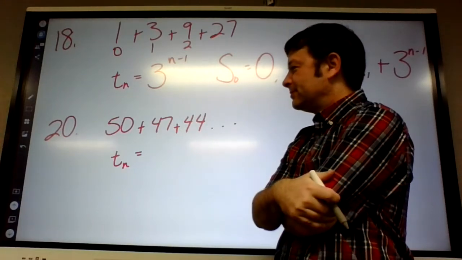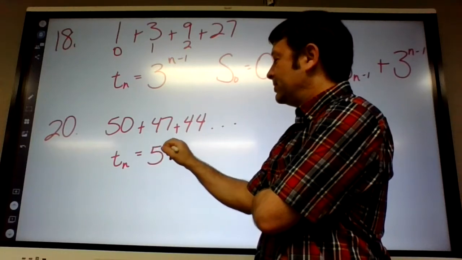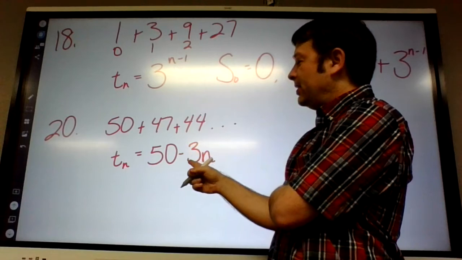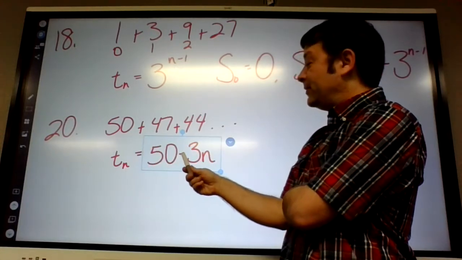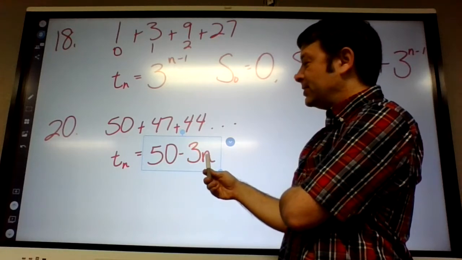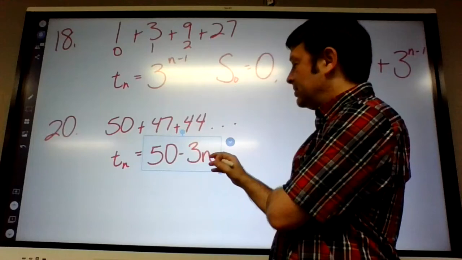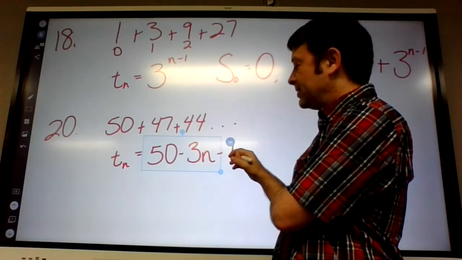Is it like a multiply then minus? 3n. Okay, 50 minus 3n. Let's see if that works. So it would be like n minus 1 or something like that. Okay, yeah, if we put a 1 in here, we want it to be 50. So if I plug a 1 in here, 50 minus 3 times 1 is 47. That gives us that term. So how do I fix it? 3n minus 1, like that?